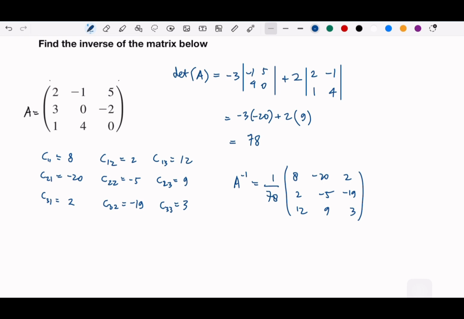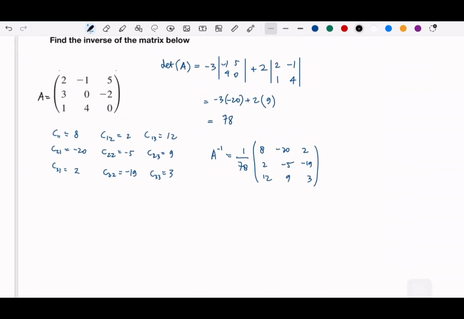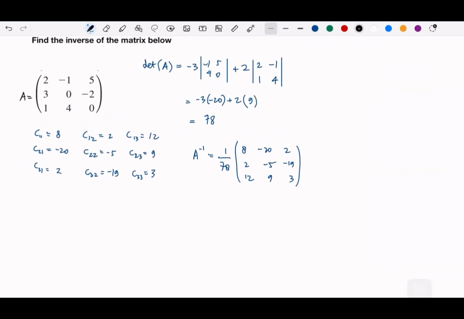And one of the properties that will be our principle for the inverse of the matrix is, for an n by n matrix, let's say A is non-singular if the determinant of A is not 0, right? I think last week I also explained a little bit about this.